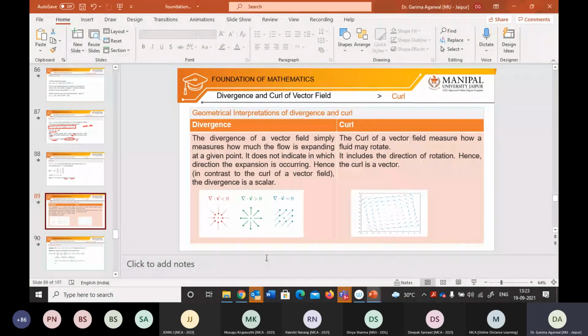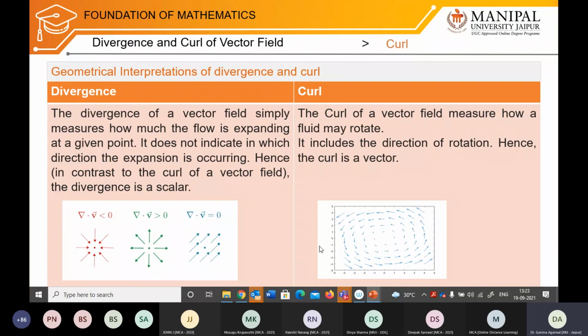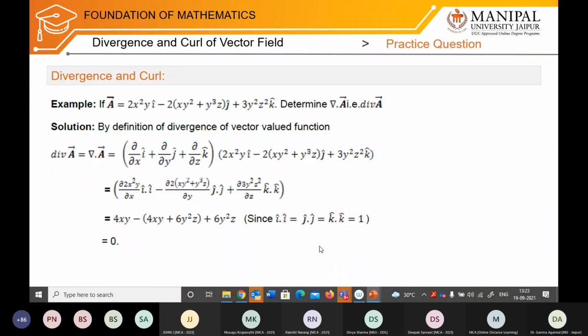So let's start with divergence and curl. Here I have a vector A and I need to find the divergence of this vector.